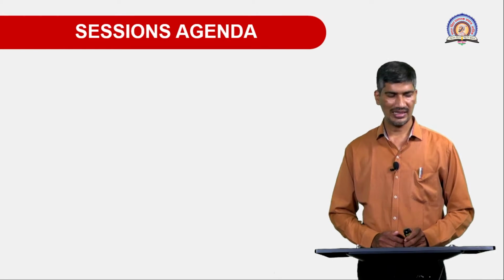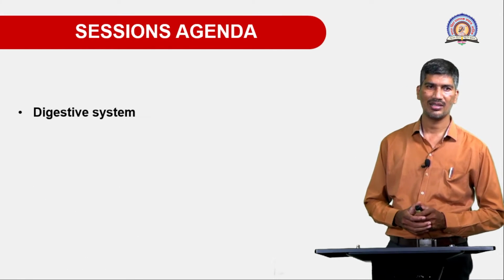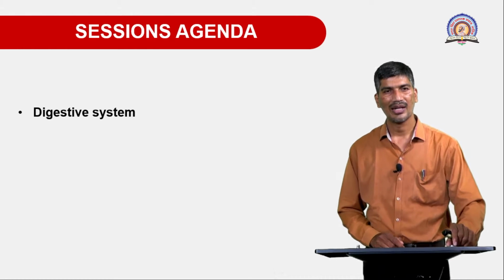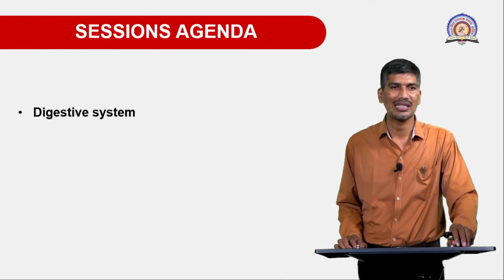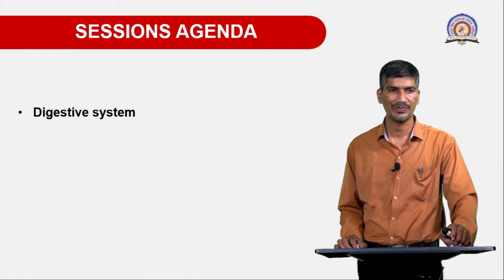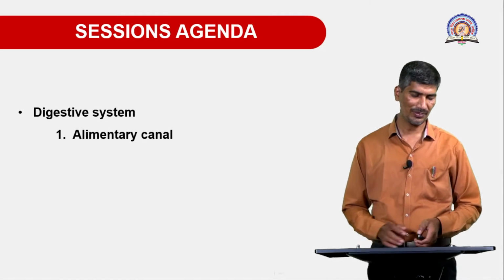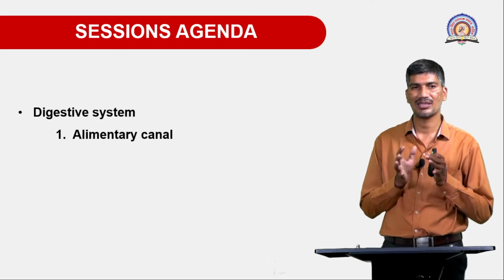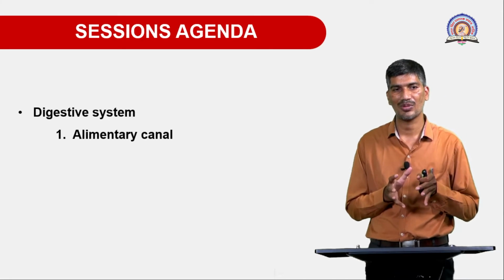Now, in today's session we discuss one of the basic anatomical systems of our study type, the starfish, that is the digestive system. The digestive system consists of two parts.